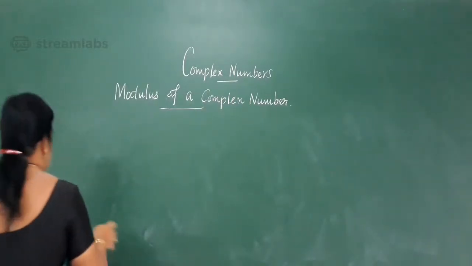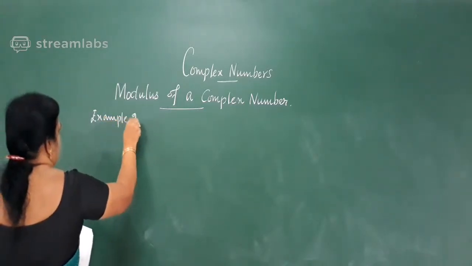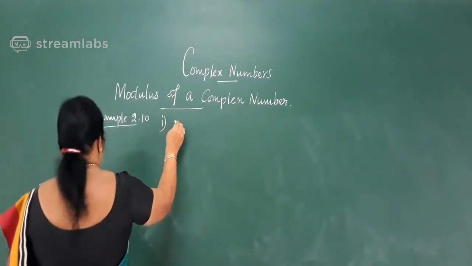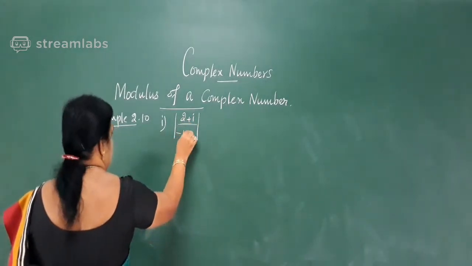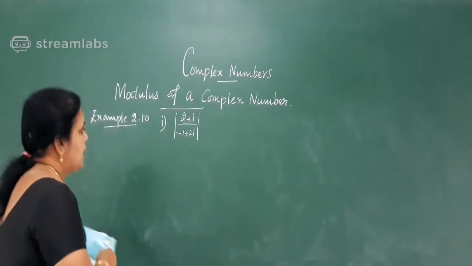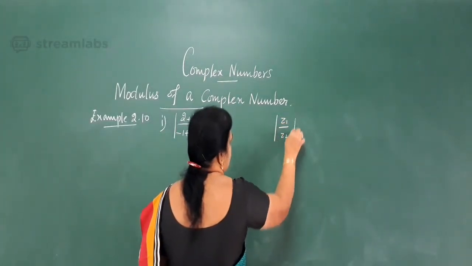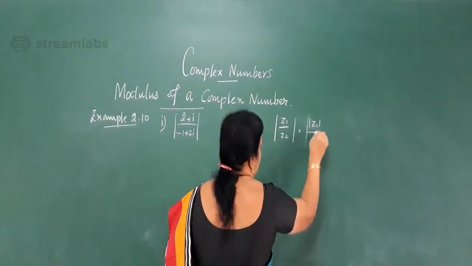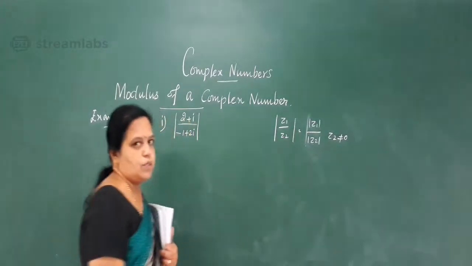Next, example 2.10. Modulus of 2 plus i by minus 1 plus 2 plus i. We have to find the modulus value. See here what we are getting: modulus of Z1 by Z2, isn't it? What is the property? Suppose if you are getting like this, we can split this, where Z2 is not equal to 0.